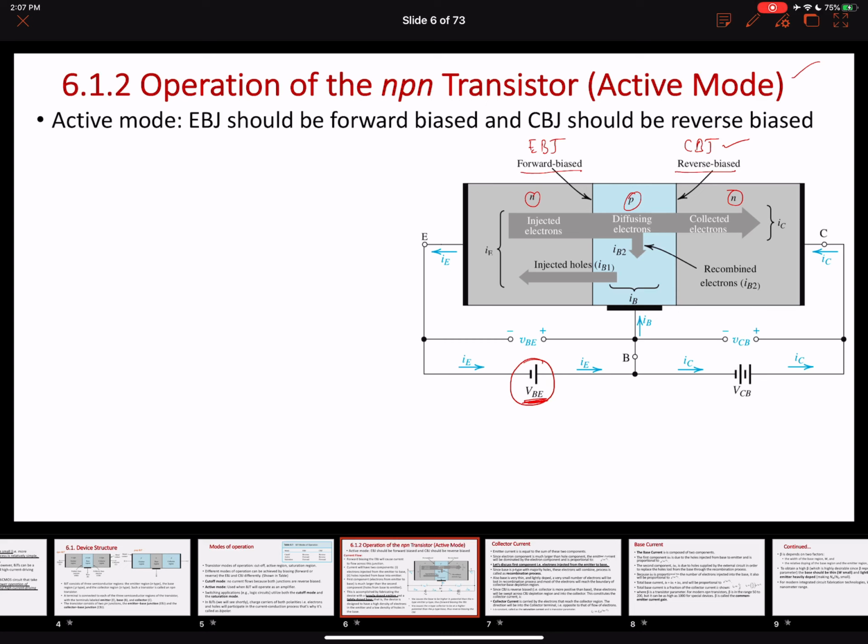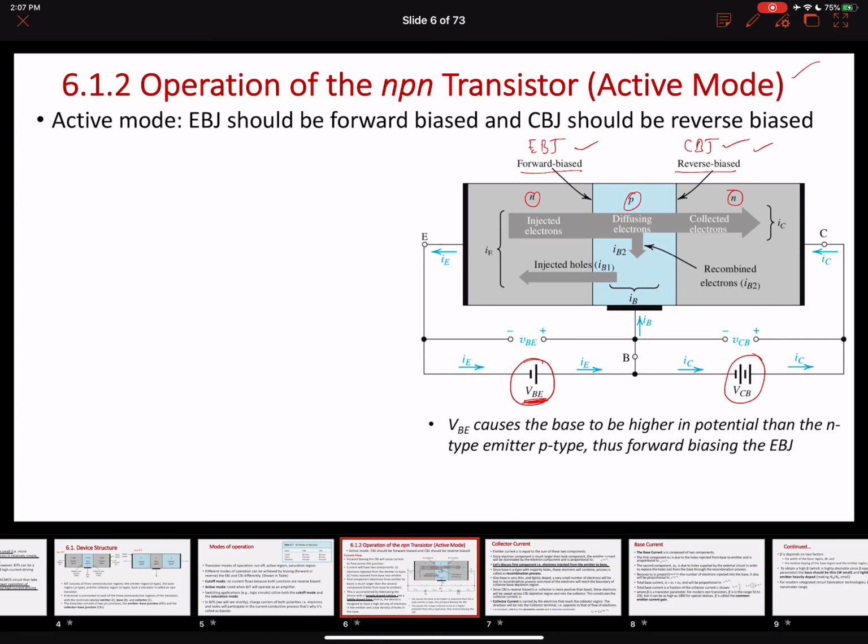Our collector-base junction is biased by this power supply VCB, in which our collector, which is N-type, is at a higher potential as compared to the base, so our collector-base junction is reverse biased. Okay, so we have a forward biased emitter-base junction and a reverse biased collector-base junction.